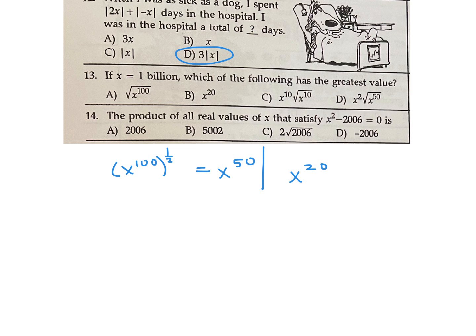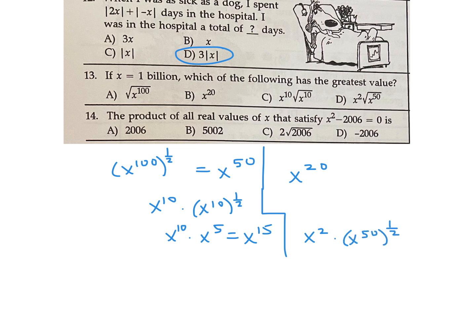That's just x to the 20. The next one, x to the 10 times x to the 10 half. So that's x to the 10 times x to the 5, which is x to the 15. And then the last one, x squared times x to the 50 to the half, x squared times x to the 25, x to the 27.